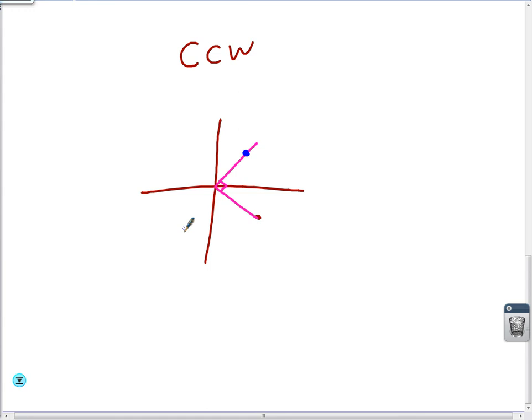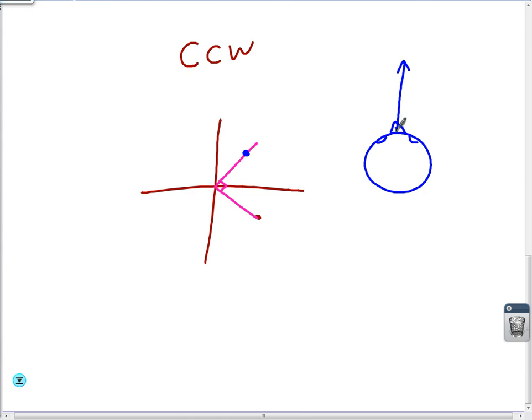Think about this. If you're facing, that's your eyeballs. There's your nose. You're facing that direction. Okay. You're facing this direction, and I tell you to spin 90 degrees in a clockwise rotation.